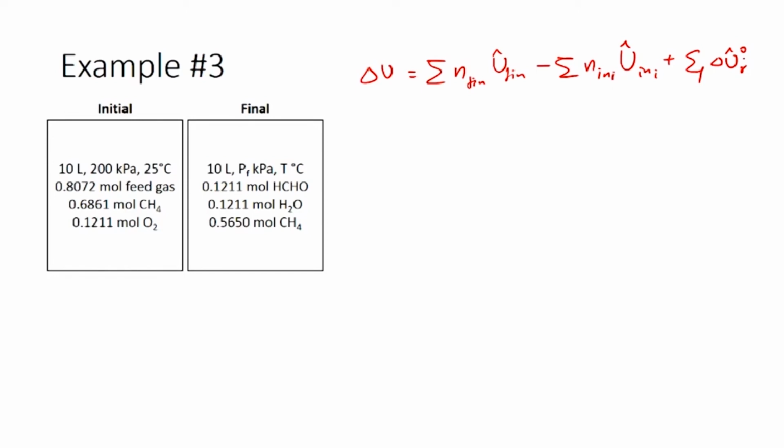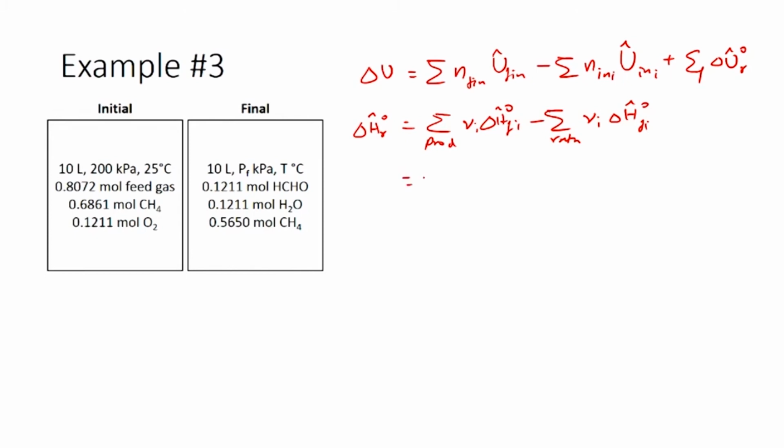For calculating the internal energy of the reaction, we first need to know the standard heat of the reaction. The standard heat of reaction can be calculated using the heat of formation of all the compounds. So, this would be the summation over the products of stoichiometric coefficient times heat of formation, minus, for the reactants, the stoichiometric coefficients times the heat of formation of the reactants.